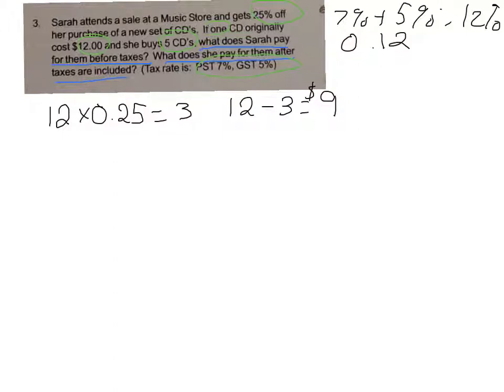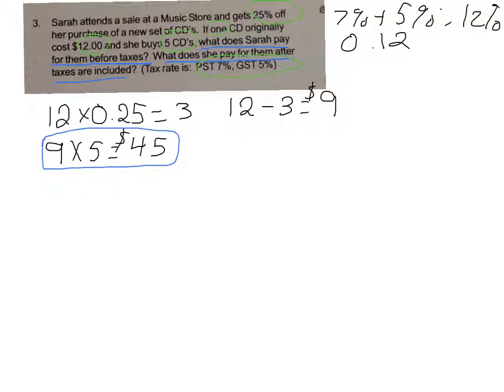Now I want to know how much it's going to cost for 5 of them. So 9 times 5, knowing my times tables, that's $45. Okay, so now I've got my total before taxes.